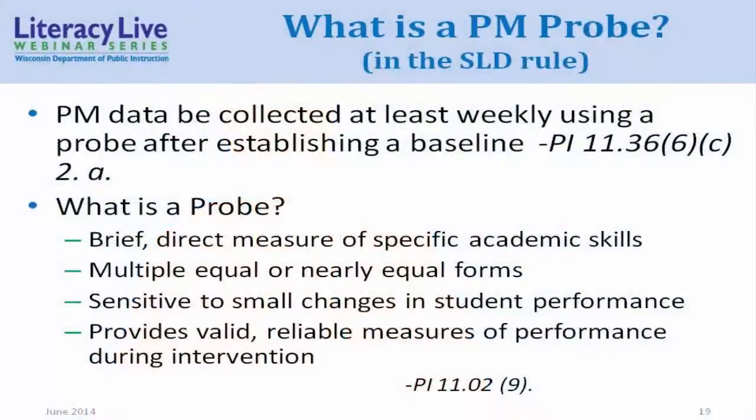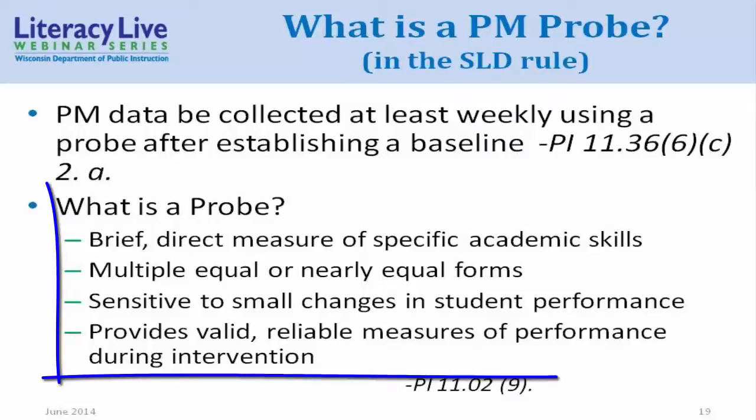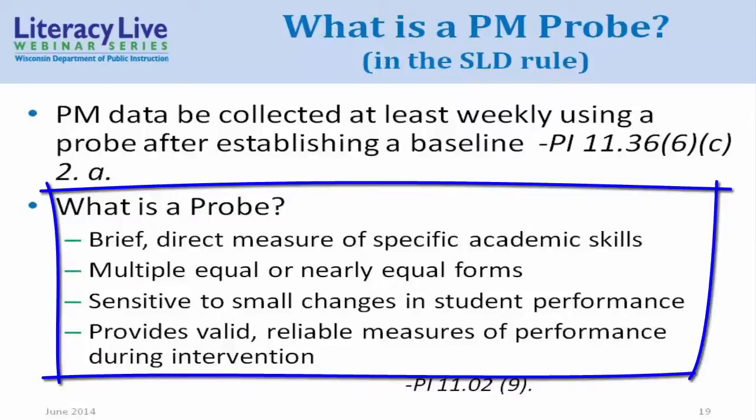So in this slide, we're looking specifically at progress monitoring data that meets the requirements of the specific learning disabilities rule. And in the SLD rule, a progress monitoring probe is defined as one that is a brief and direct measure of specific academic skills, with multiple equal or nearly equal forms.